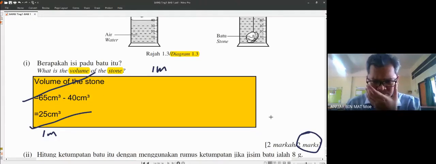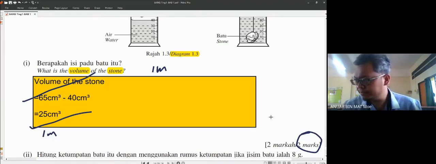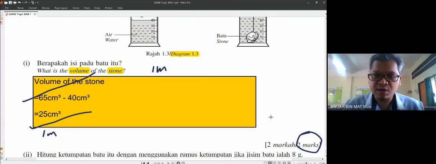But usually, if there is a calculation or the question involves the use of a formula, usually the formula will be given, and then you need to use the proper formula for your calculation. Biasanya pengiraan formula will be given to you, and then you need to use the formula correctly.